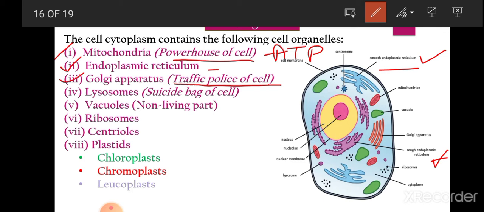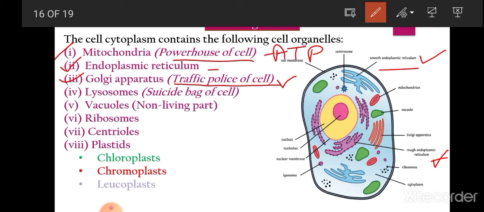They carry out the function of storage and secretion of substances from the cell. Means all the cell substances are formed in the cell, stored in the Golgi complex, and secreted by the Golgi complex. That is why they control the storage and secretion of cell substances, and are called the traffic police of the cell.